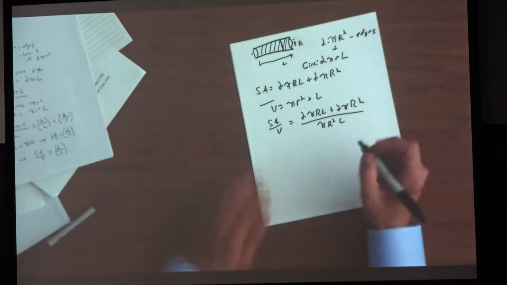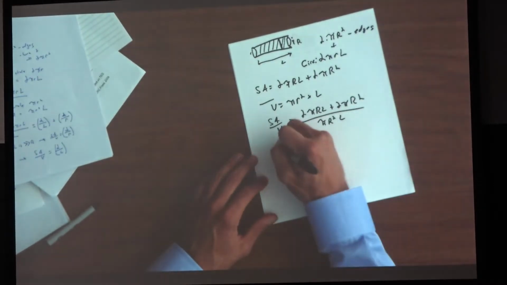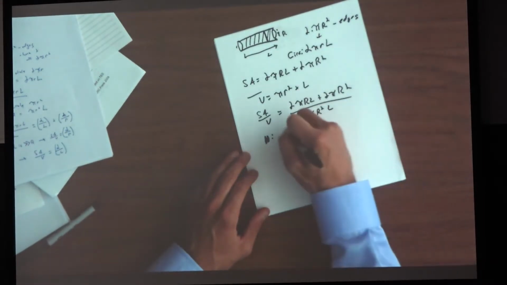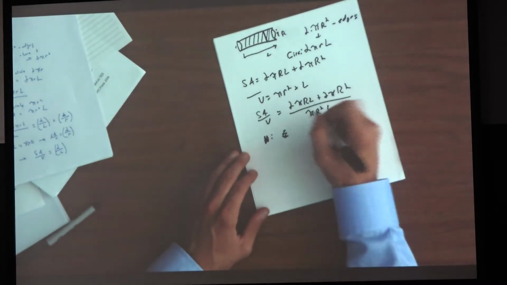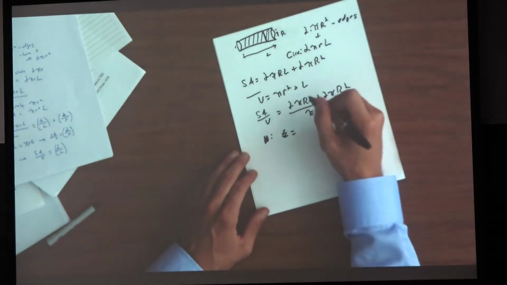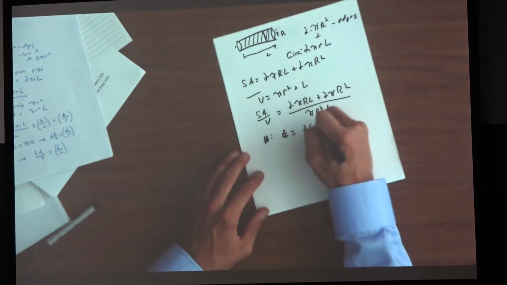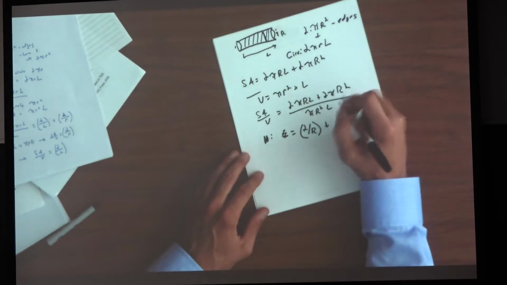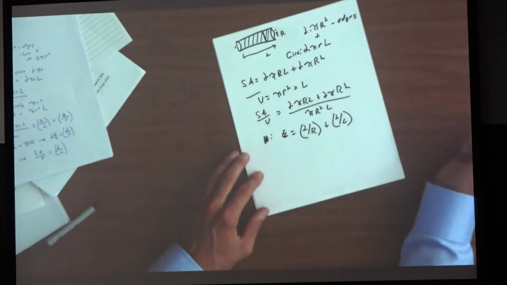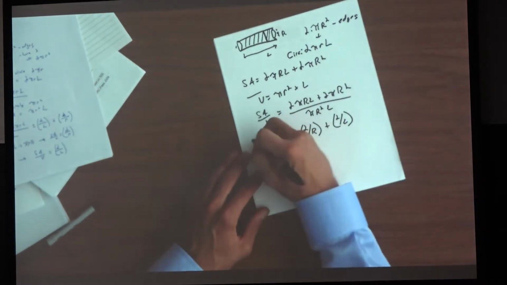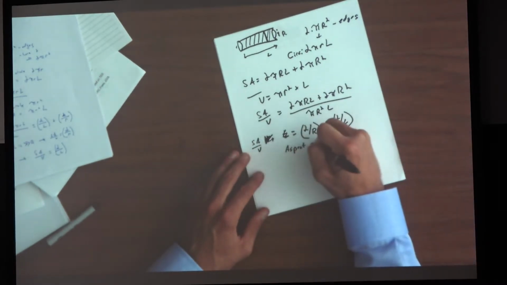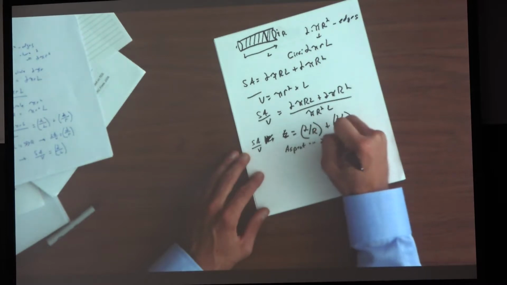So then you can just assume that for something like this, first if we solve this out, this becomes 2 over R plus 2 over L, right? So that's the surface area to volume ratio of something with an aspect ratio of roughly 2 to 5.